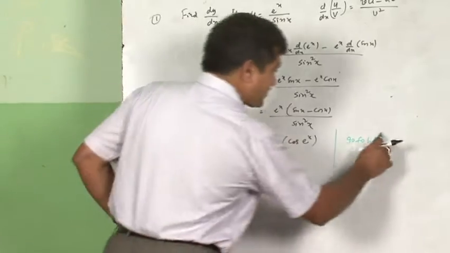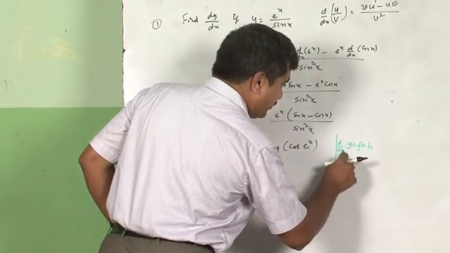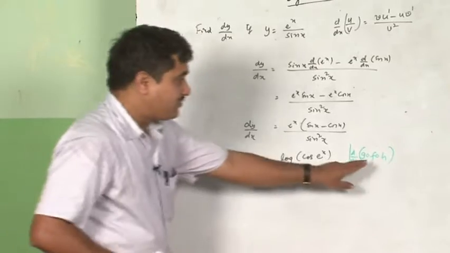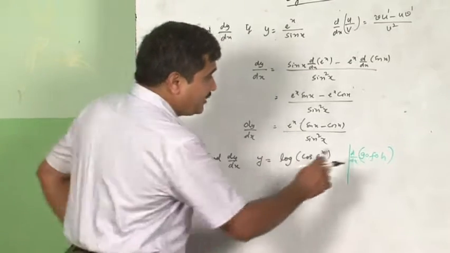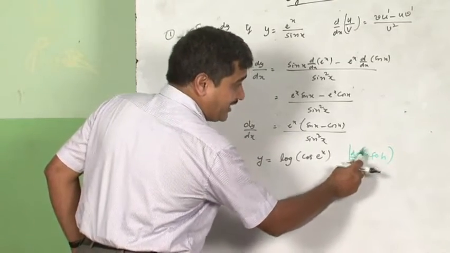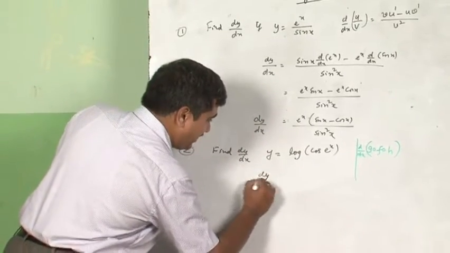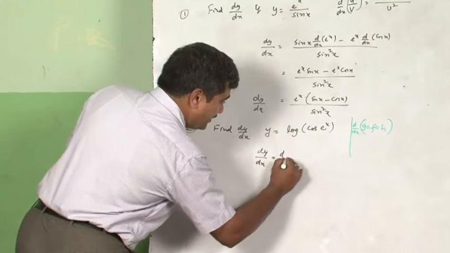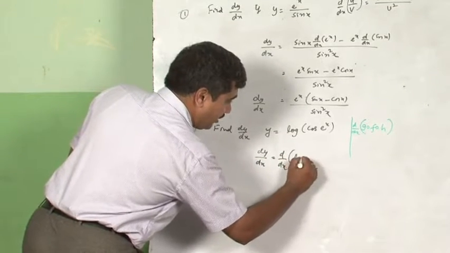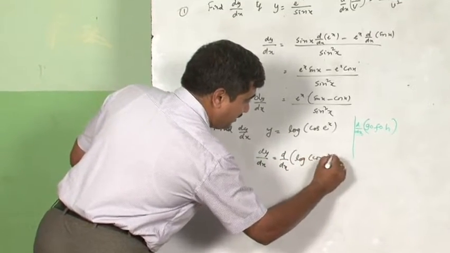You go back to my first class. When you intend to differentiate a composite function of three functions, you start with log, g, then f, and then h. Similarly, here dy by dx is equal to d by dx of log cos e power x.